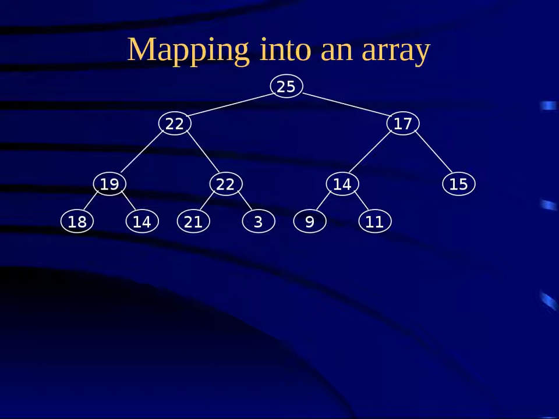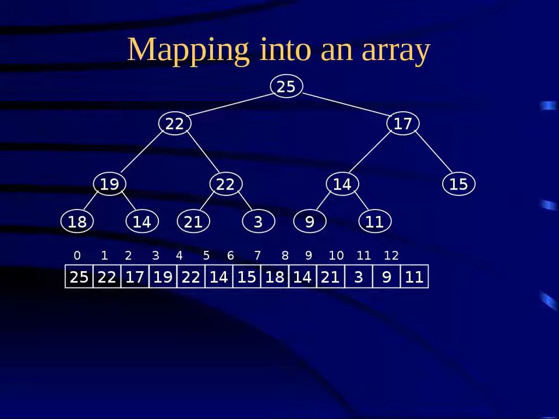Okay, how do we take this structure and put it in an array? No, because that's no longer a heap. That's a sorted array. Could we, as we took off the root, put it in the array? The screen just did it. Wow, these index values are not aligned correctly.